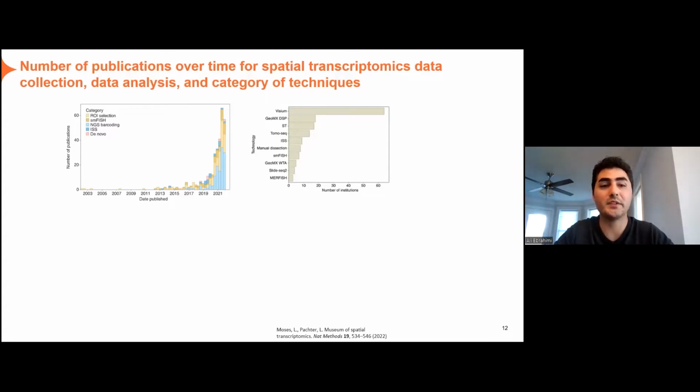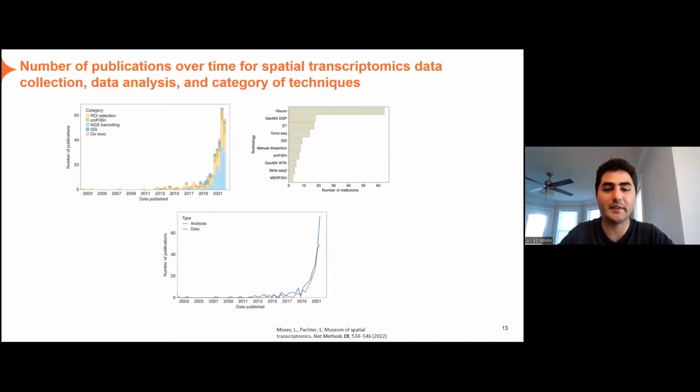But the other technologies, like MERFISH and in situ sequencing, are really taking up more recently. Looking at this exponential growth, it's clear that we are pretty much at the earliest stage of developing these technologies, and there will be more data sets generated, and I think that over time this dynamic is most likely to change.